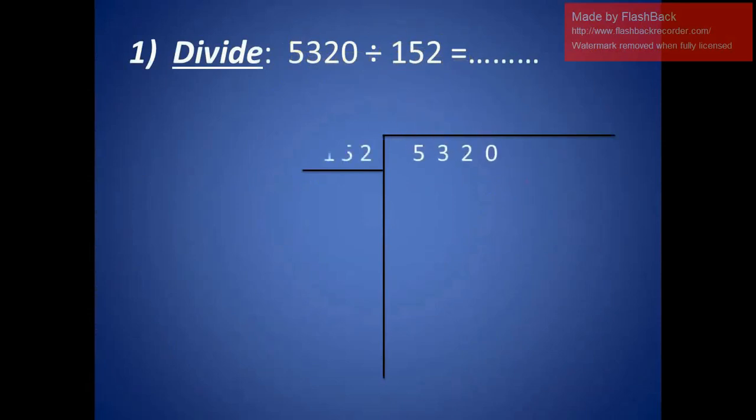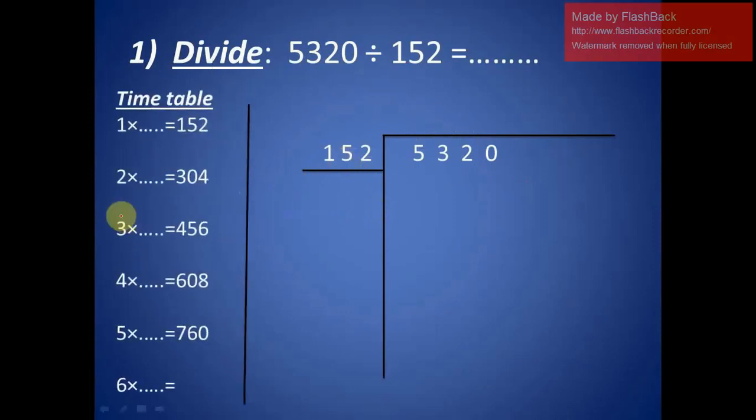Number 3, write the divisor. Number 4, we make a timetable of 152 this way. 1 times 152 equals 152.